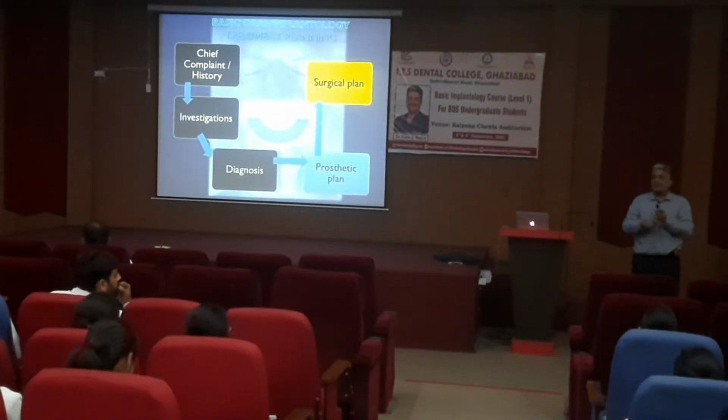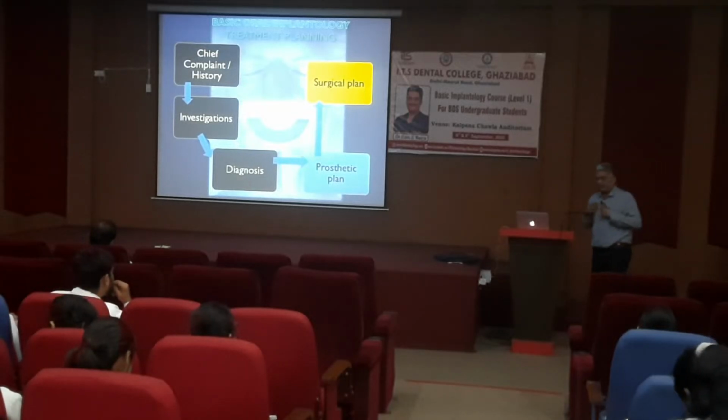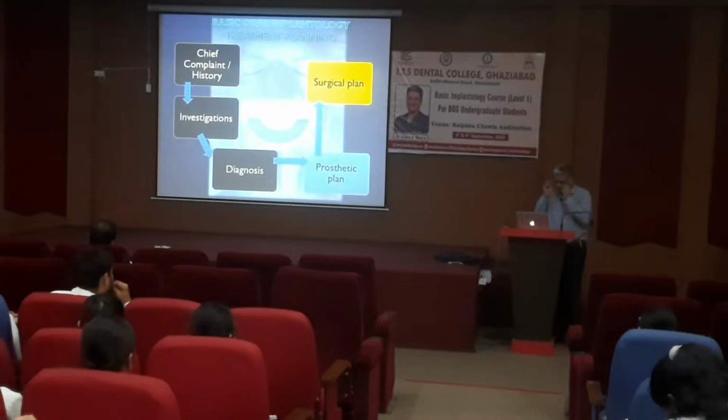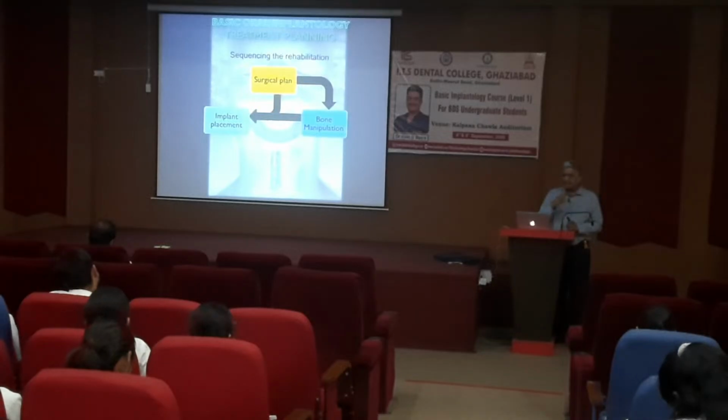Whether you're giving him a bridge or you're giving him a hybrid, all that has to be considered first, and accordingly you do your surgical planning and then place your implants. After your surgical planning, in case there is deficiency of bone, you have to alter the bone, augment the bone, sometimes reduce the bone, or else you straightway place your implants.